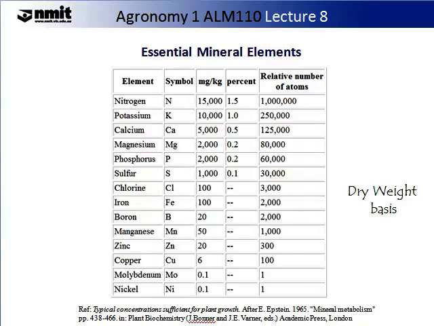Whether in mgs per kilogram or parts per million or percent, essential mineral data is always presented on the weight of the dry material of plant and not fresh weight. Fresh weight includes both the weight of the dry matter and the weight of the water in the tissue. Since the percentage of the water can vary greatly, by convention all concentrations of elements are based on dry matter weights.